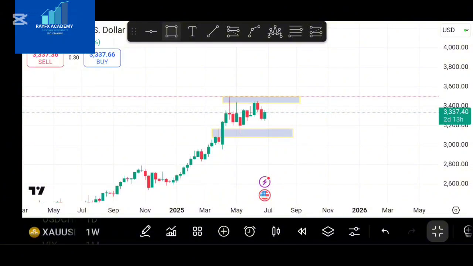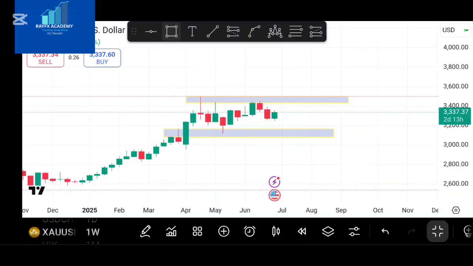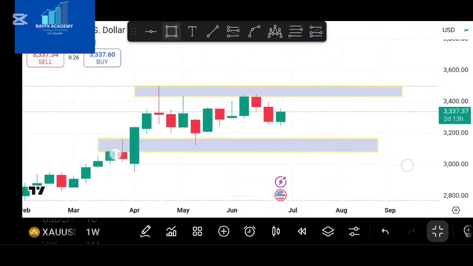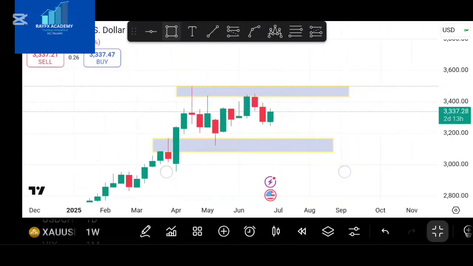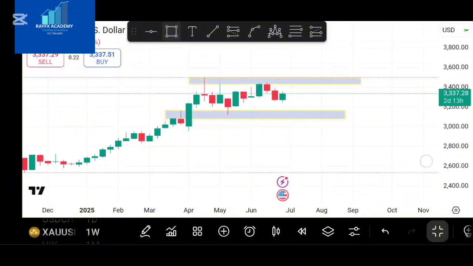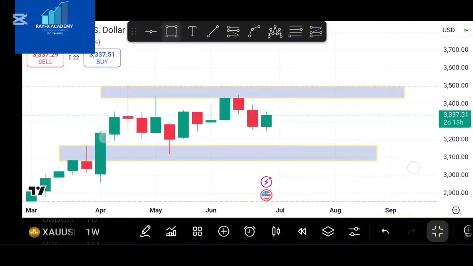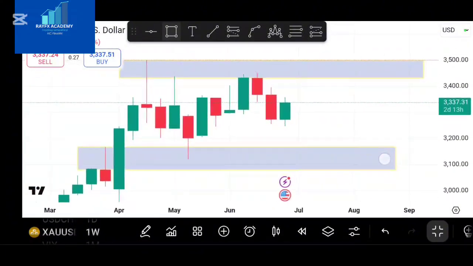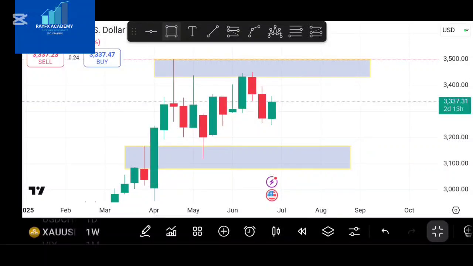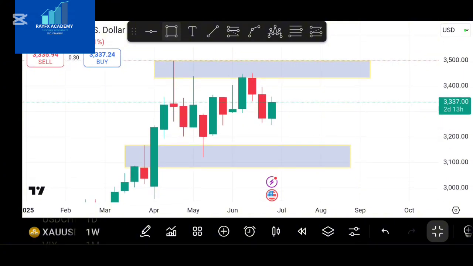It is either trending up or down, or it is going sideways, which is known as consolidation. Right now, looking at this from the weekly, you can clearly see that the market is moving sideways. It is neither going up nor down.